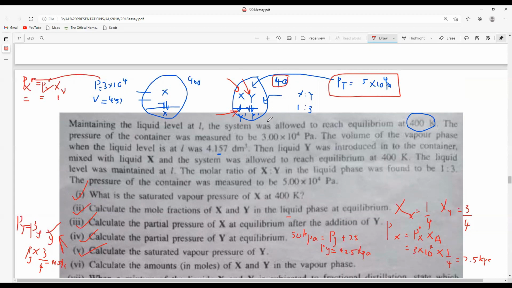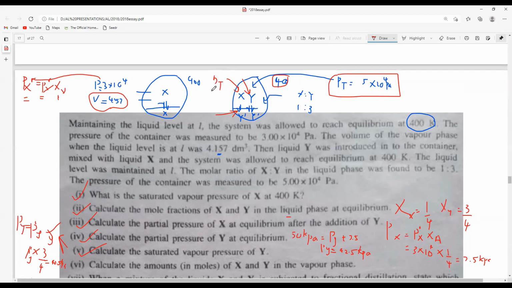And also we maintain the same level, so which means we know the volume as well. So the volume here also will be the same, and we know the total pressure in the vapor phase. So we know P, we know V, which is 4.157, and we know T. So you can apply PV is equal to nRT to find the total number of moles in the vapor phase. That is one thing.